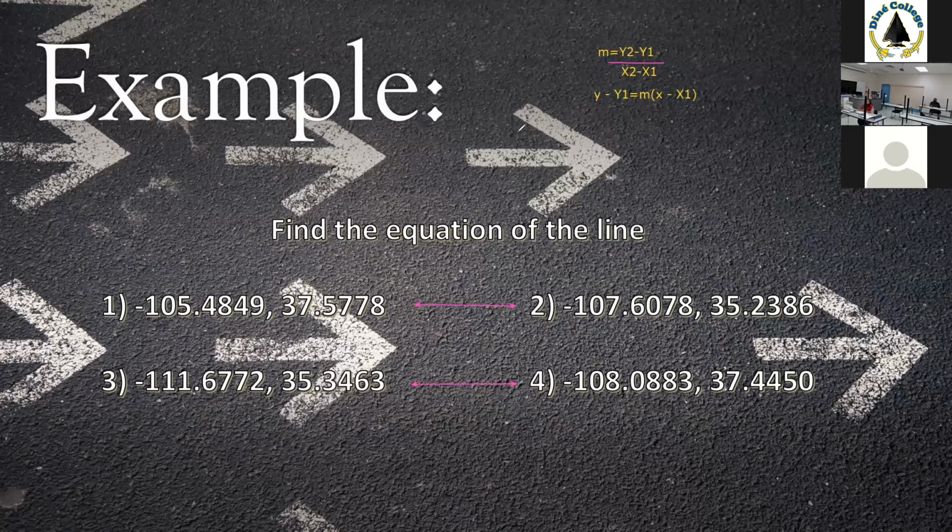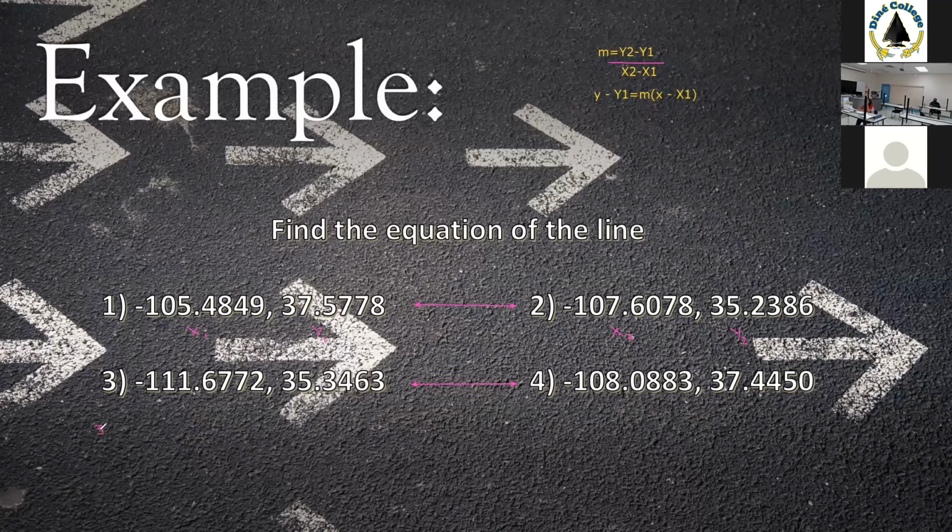So, okay, for this first one, we're going to use the first set of points, so 1 and 2. So we have our x2, our y2, then we have our x1 and y1. So we're going to find our slope first.